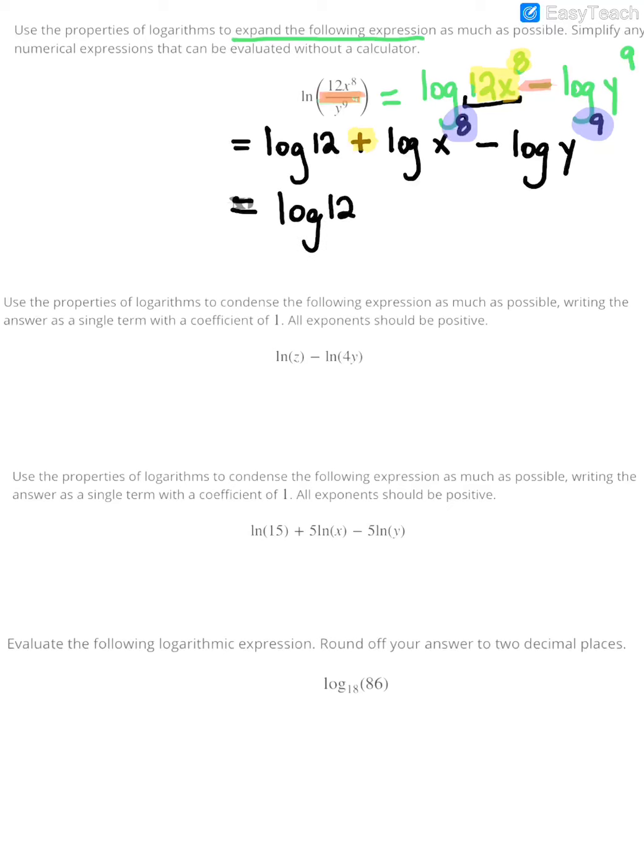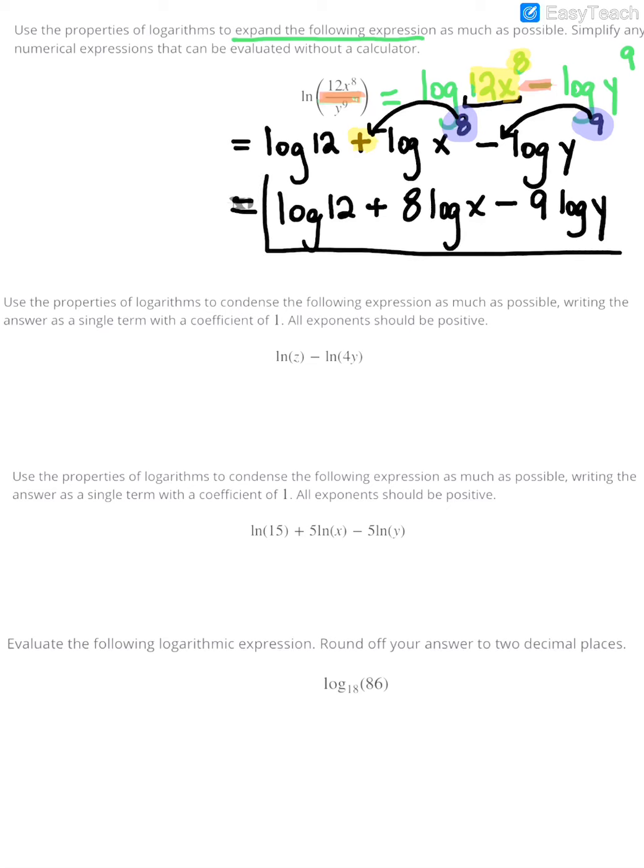But on this next term, when I pull the 8 to the front, I've got plus the 8 times the log of x. And then I have a minus sign. When I pull this next power to the front, I'm going to have a 9 times log of y. So the powers in each case simply get pulled, multiplied by the logs of whatever that original term was. So this would be my final answer for the expanded form.